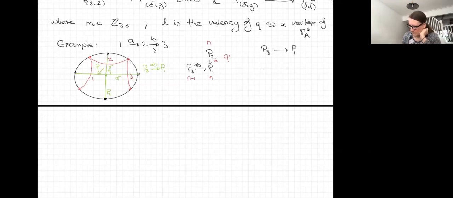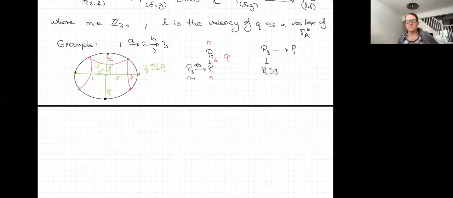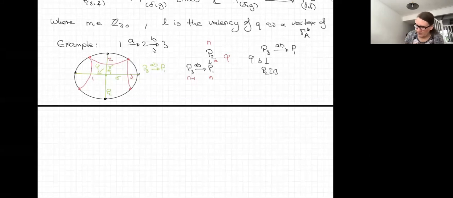And now we shift P2 and we have a map here. And this is the map psi, which is now given by B. Somehow you can really see that because the B sits here and A sits here, and remember that we reverse the direction.